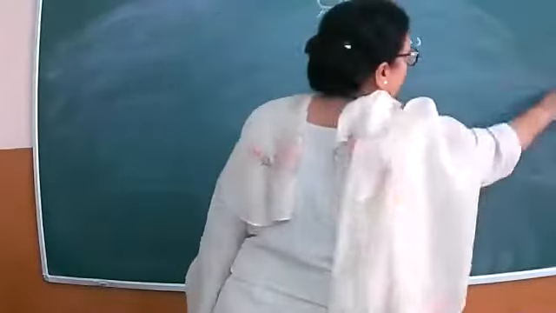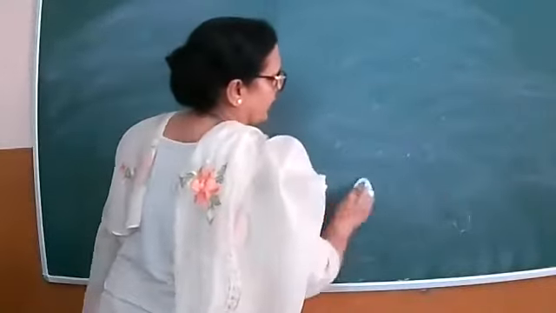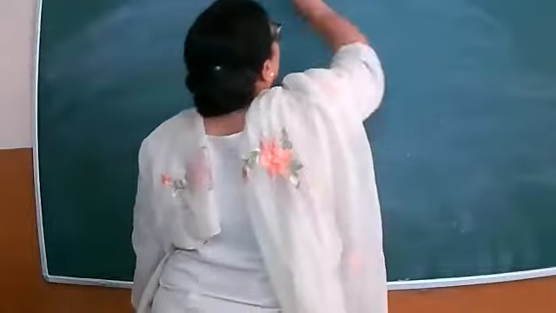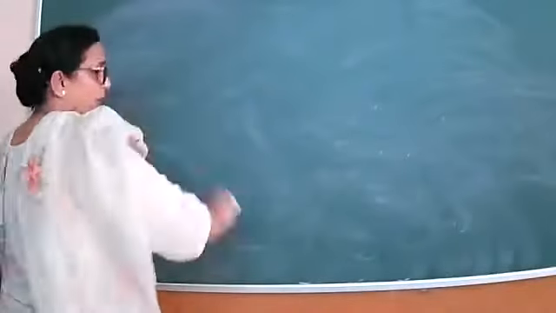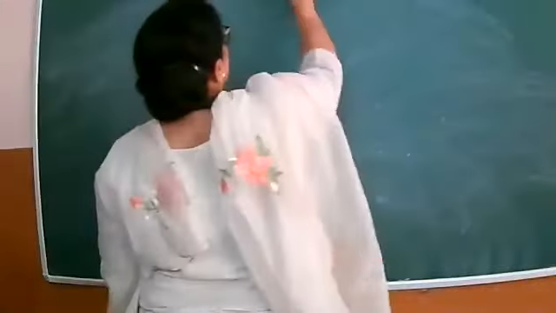Spermatogenesis starts at puberty, but the oogenesis process starts in the fetal development of the fetus itself. That starts over there. Oogenesis.